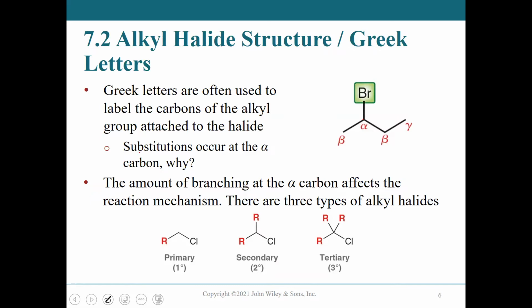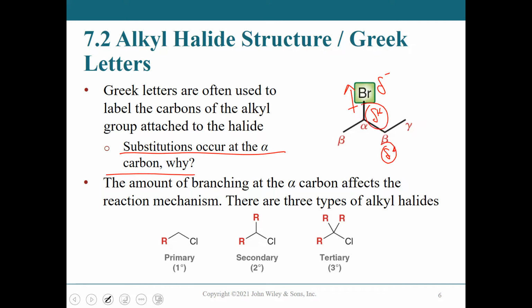So substitution occurs at the alpha carbon. Why is that, right? Because remember that the halogen applies its electronegativity. The polarity, right, is delta plus, delta minus. Is the beta position also feeling that delta plus? Yes, it feels it, but not as strongly as the alpha.